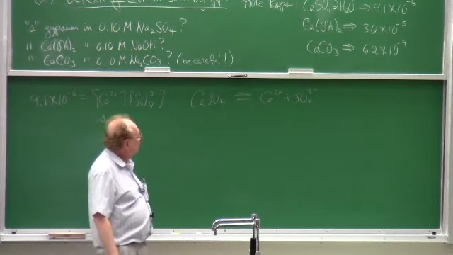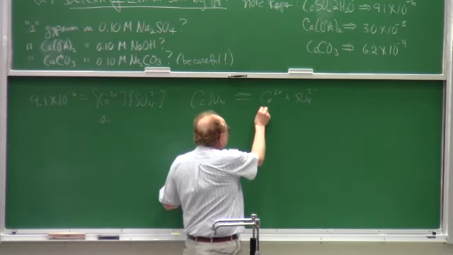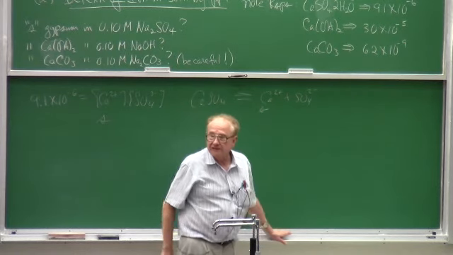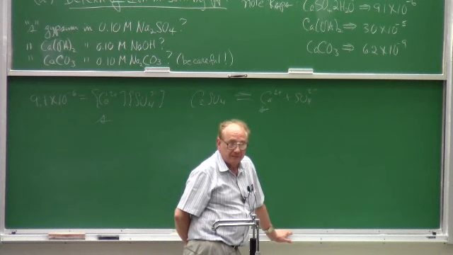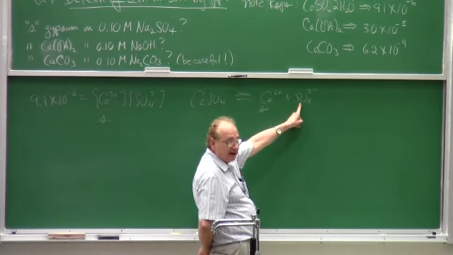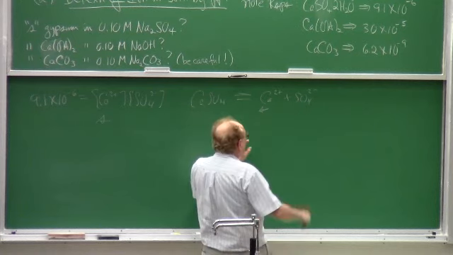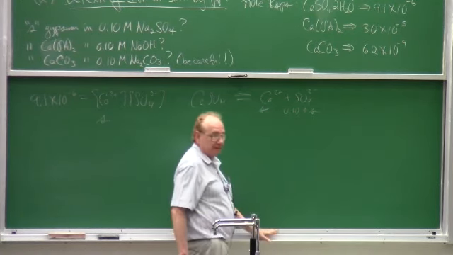This establishes this equilibrium. I've not put any external source of calcium ion in the pot, so the calcium ion molarity is the same as the calcium sulfate molarity in the saturated solution. And in straight deionized water, this is also S. Aha, but now I got 10th molar sulfate ion.